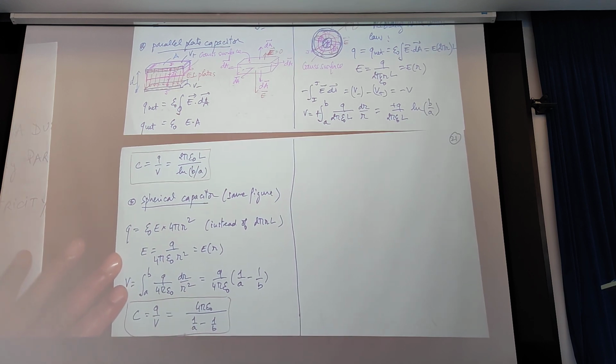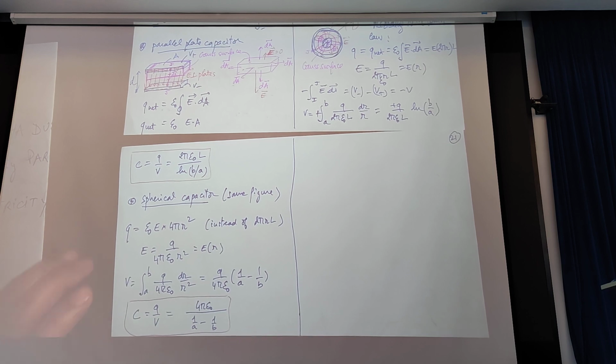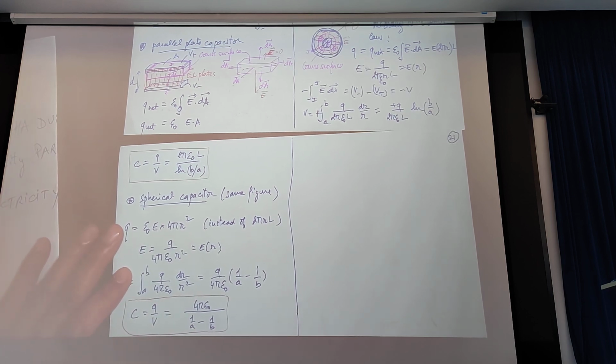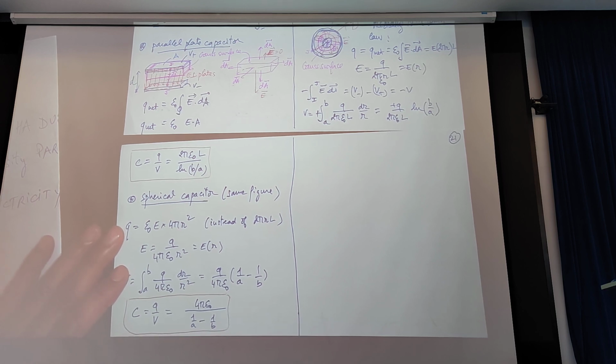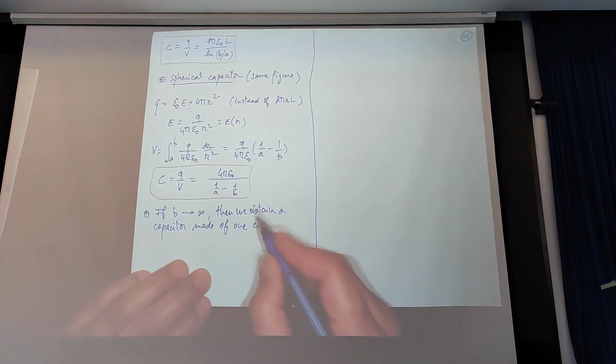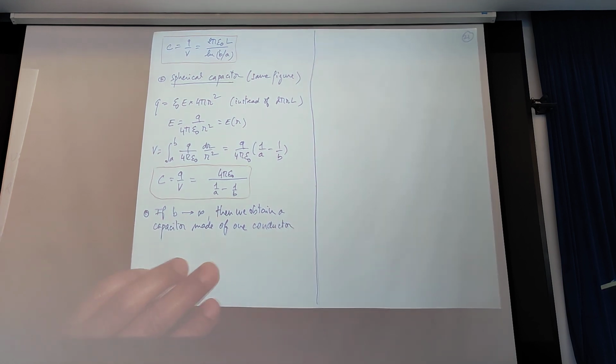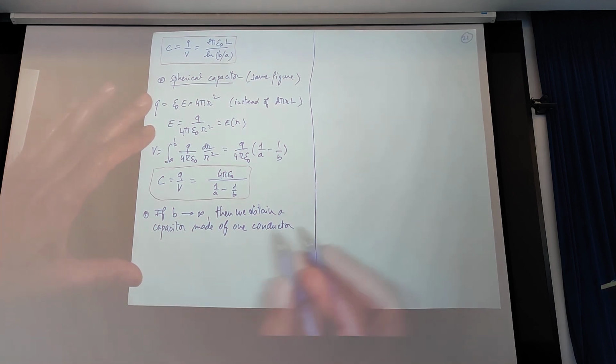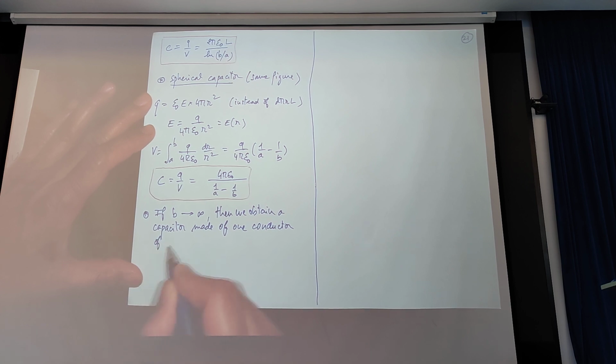So if b tends to infinity, then we obtain a capacitor of radius a, made of one conductor of radius a.